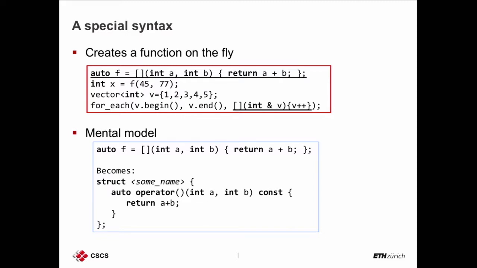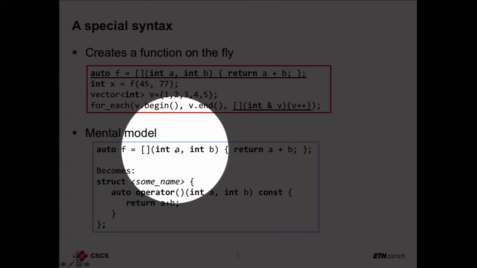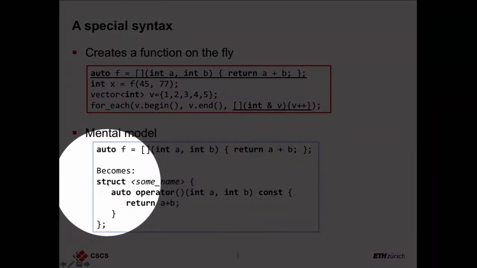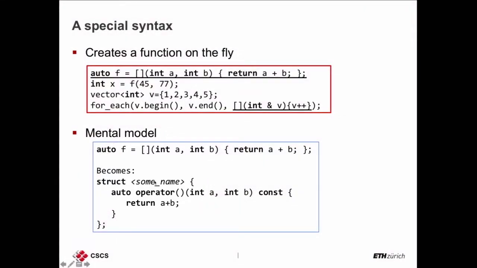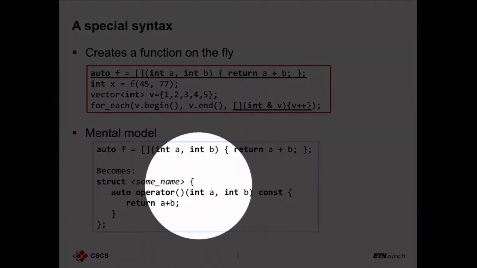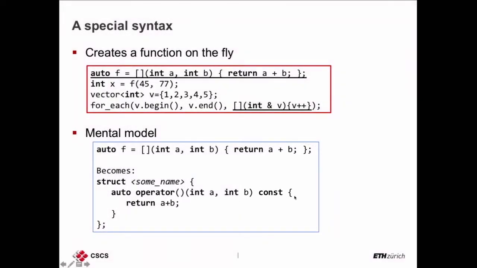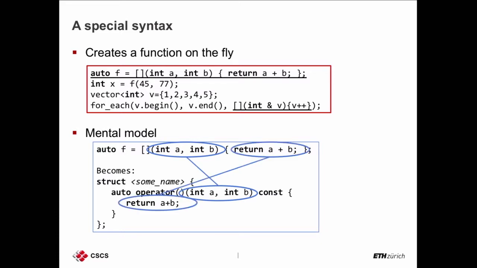So what is the mental model that you can use to understand lambdas? For me, at least, when I see auto f equals empty square brackets, two arguments, and this body, it is like I'm constructing an object of a given type, and the type is a struct with some name decided by the compiler, and it has the operator function call, which takes two parameters, A and B. It is const, so it's not allowed to change the state of the object, and then it returns A plus B. You can see the arguments are the same you pass to the lambda, and the body is the body of your lambda.